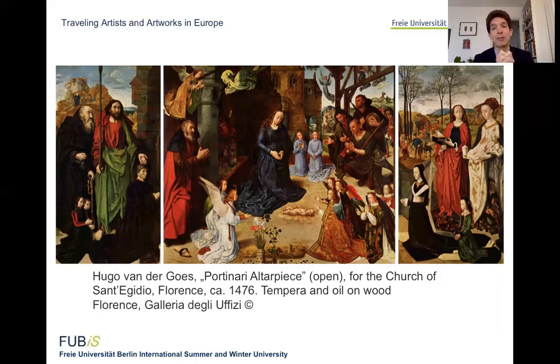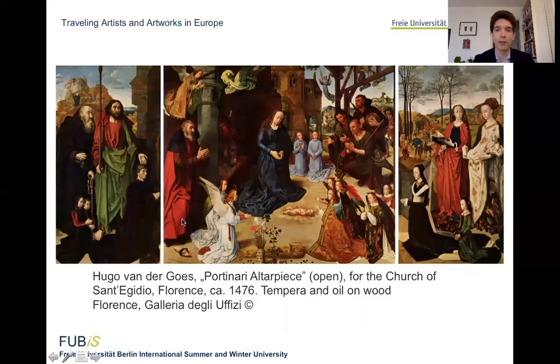But what is absolutely fascinating is, of course, to try to understand how this artwork, once arrived in Florence, impacted the local artistic scene of the time. But first, let's have a look at the subject of this wonderful triptych.